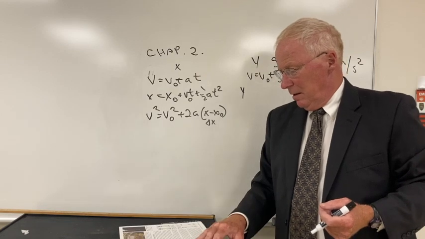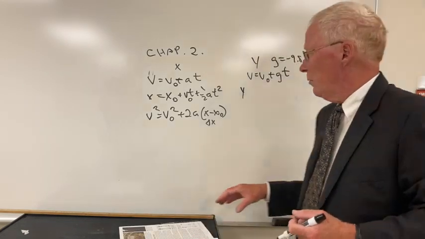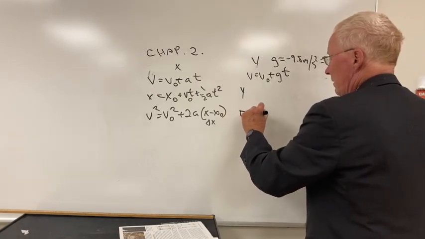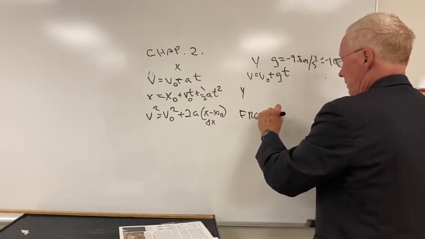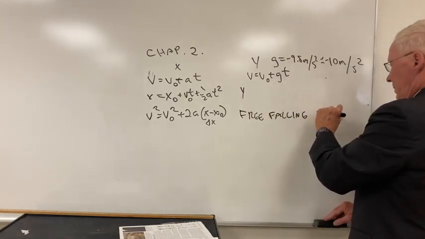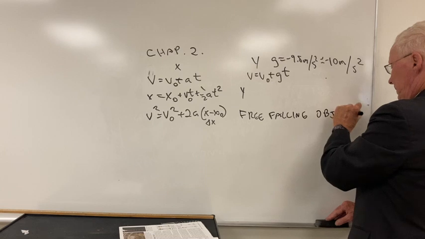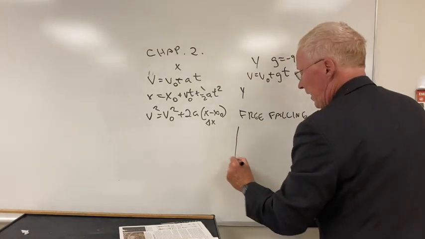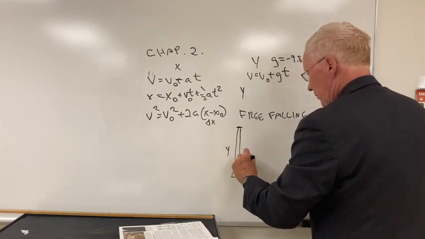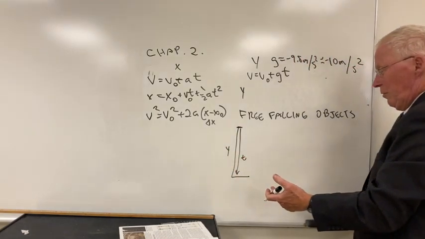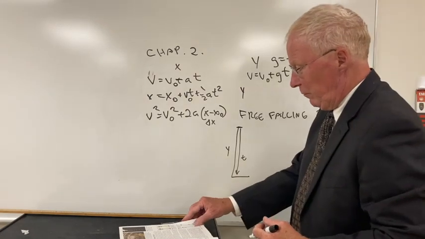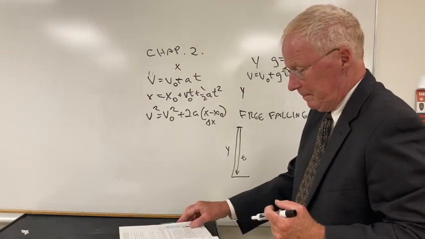We deal with also free-falling objects. So if you drop something from a certain height, y, all right, and it takes a certain amount of time, how long does it take to hit the ground? How fast is it going to hit the ground? So we have free-falling objects there.